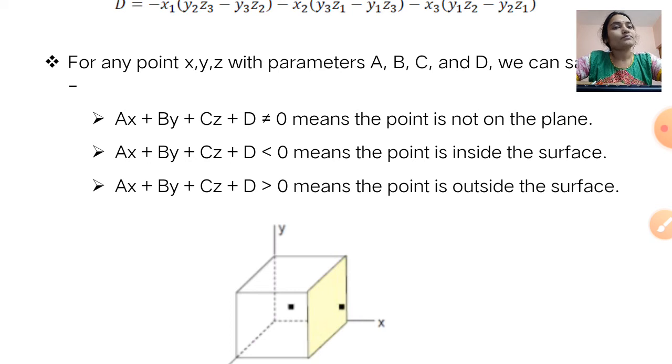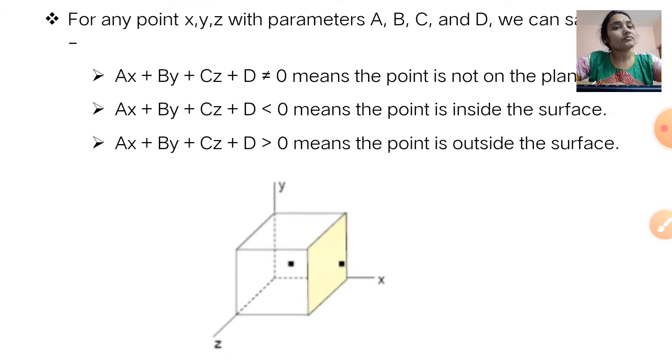That means if the value we get is not equal to 0, the point is not on the plane surface. If the value is less than 0, then the point is inside the surface. And if the value is greater than 0, the point is outside the surface.